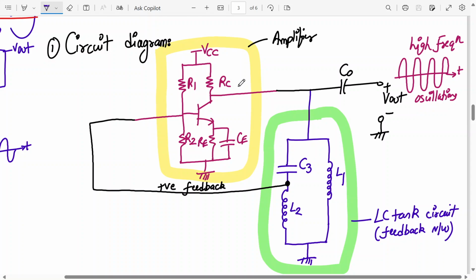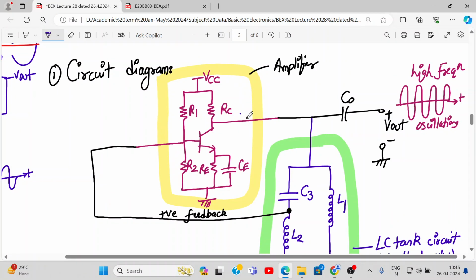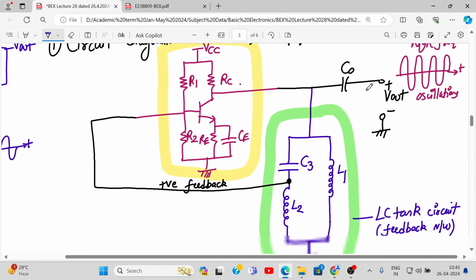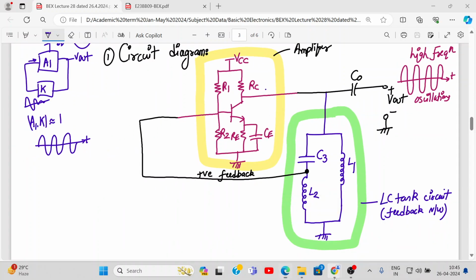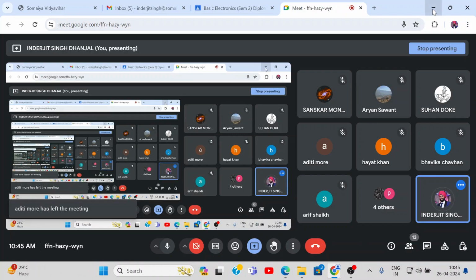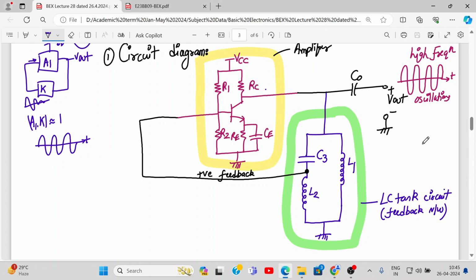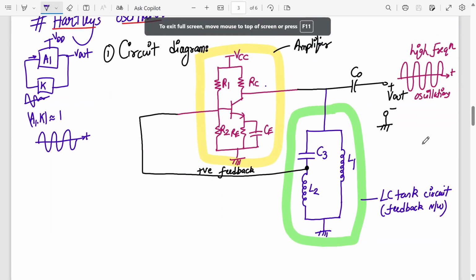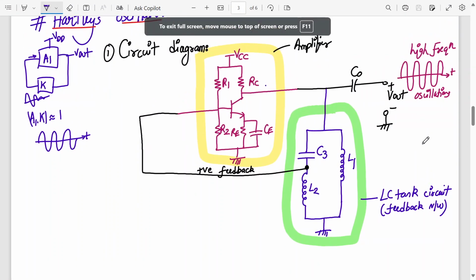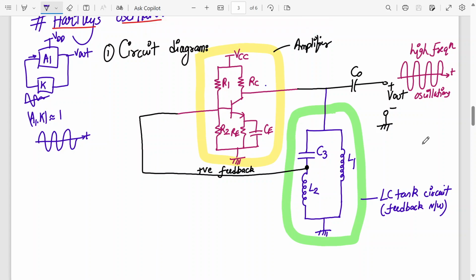Can I proceed with the explanation and the working? Completed the circuit diagram? Yes, no? Okay, can I start with the explanation? Hello students.